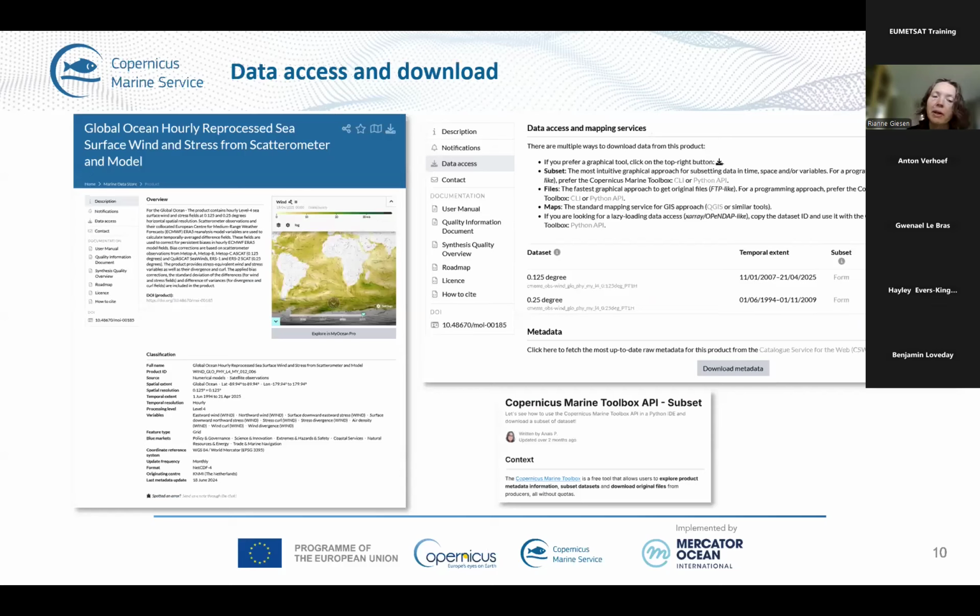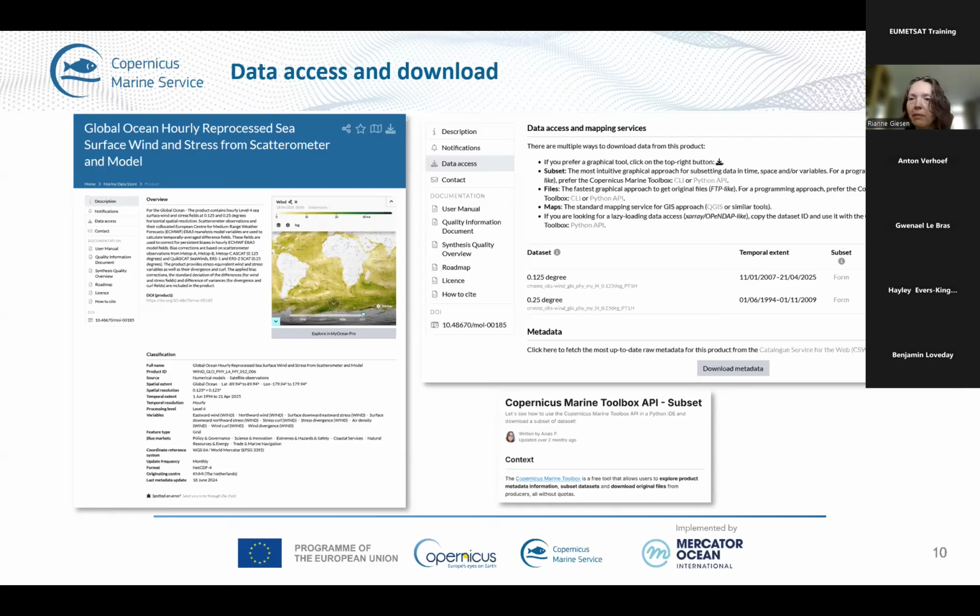But there's also a product page for every product where you can find more information, also the user manual, quality information, and also a link again to the viewer. And if you go to data access, there are also multiple ways to download data. So you can also get a nice overview of which data sets are available for what periods.